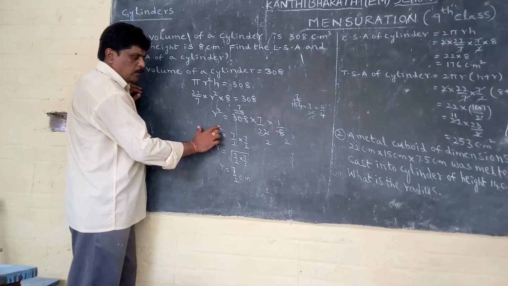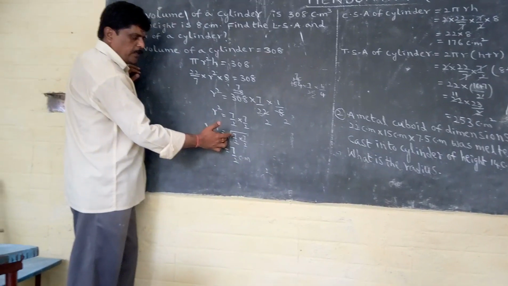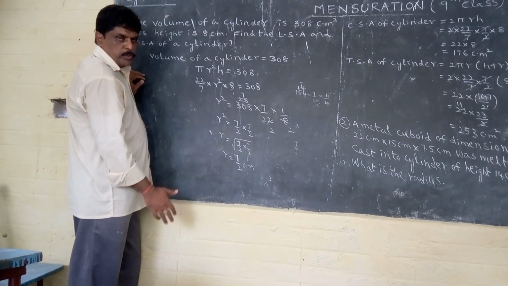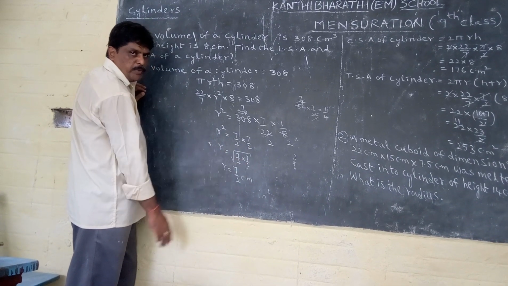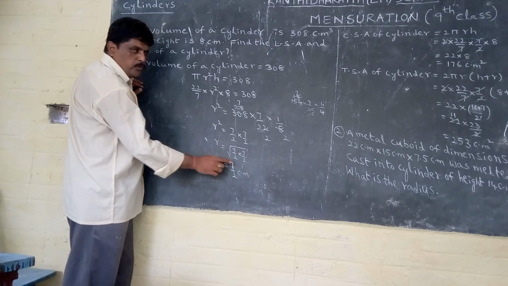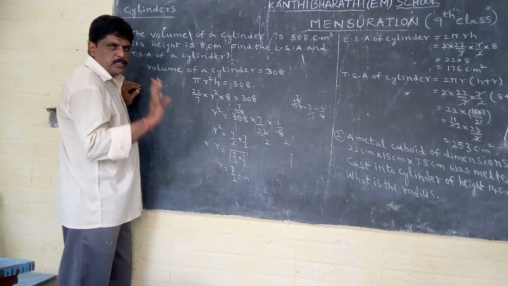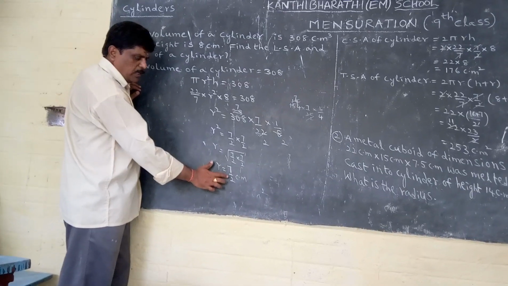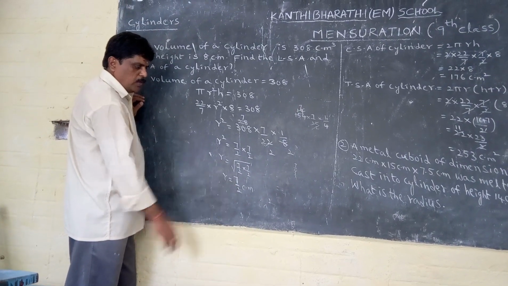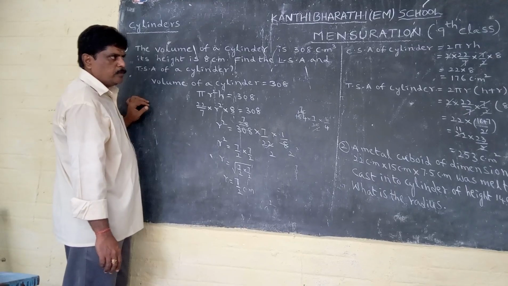The square goes to the other side and changes to square root. So r is equal to the square root of 7 by 2 into 7 by 2. In a square root, if there are any two equal numbers, one number comes outside. So one 7 by 2 comes outside. So r is equal to 7 by 2 centimeters.